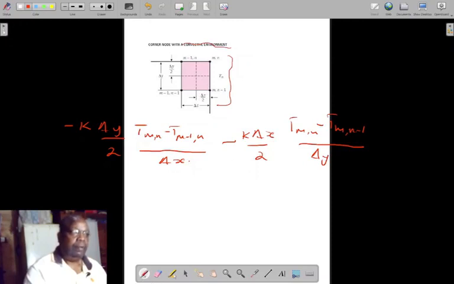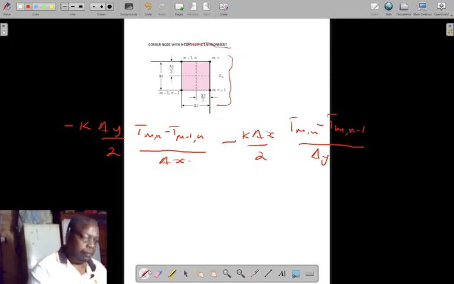So we have, for this node interacting with this, the temperature there, Tmn, minus the temperature there. The movement is in the y direction, and the area perpendicular to that motion definitely will be delta x times 1, and it is a half because a half has gone the other way.